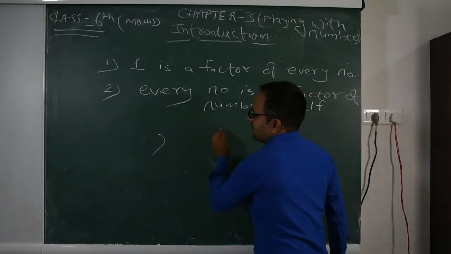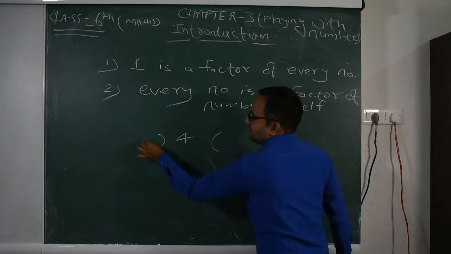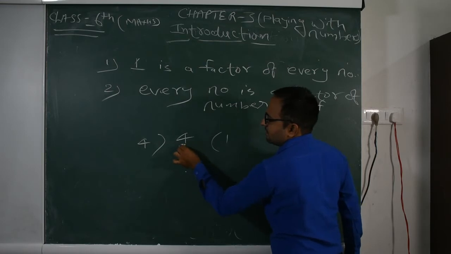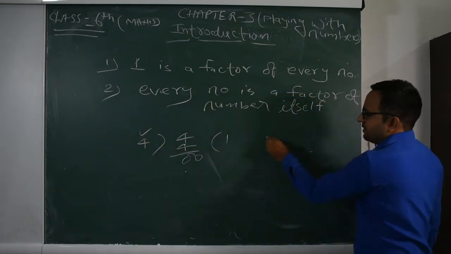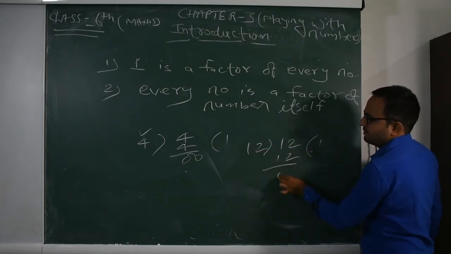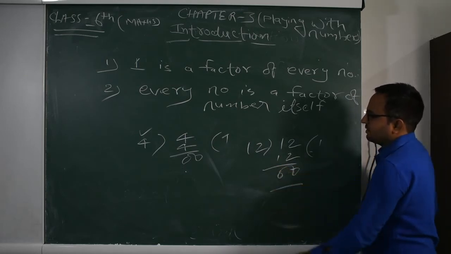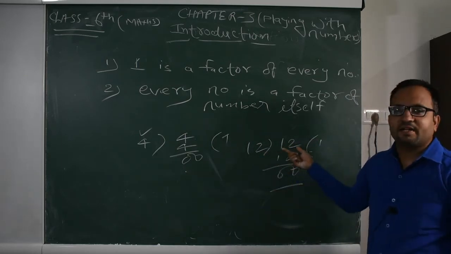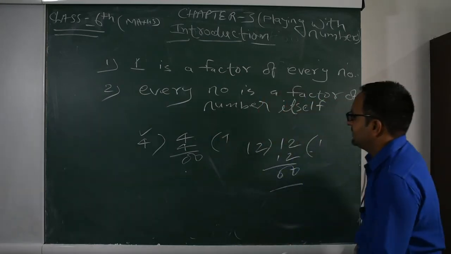That means if we find the factor of 4, 4 ones are 4. So 4 is a factor of 4. Same as 12. 12 ones are 12. So 12 is a factor of itself. Okay, so this is the second rule of this theory.